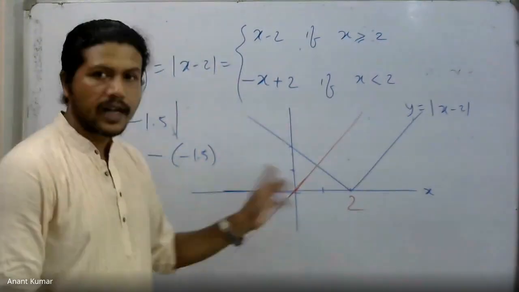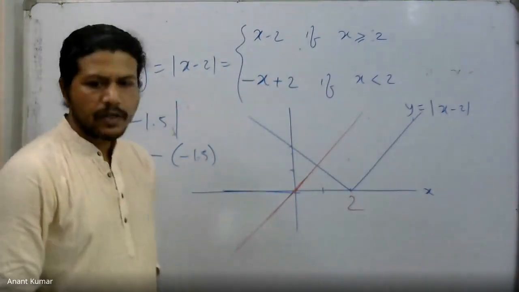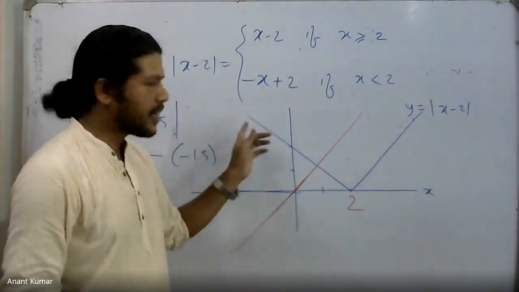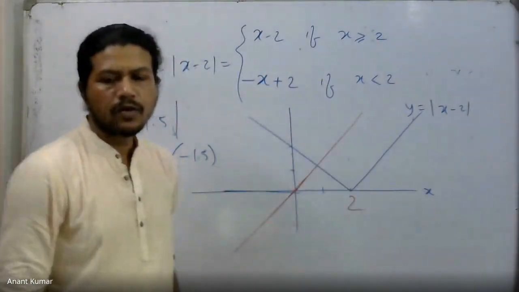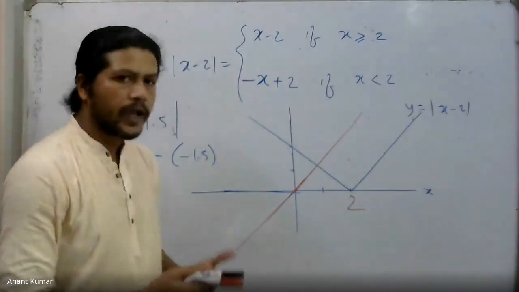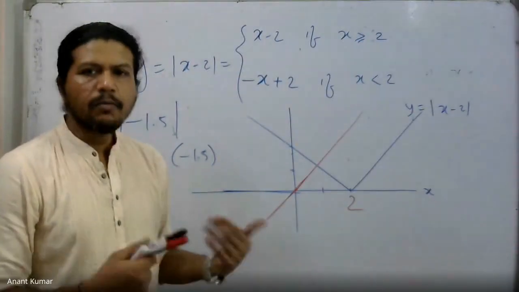That is what the right side was actually. The right side was this one, y equal to x, and the left side was this V-shaped curve, which is y equal to mod of x minus 2.